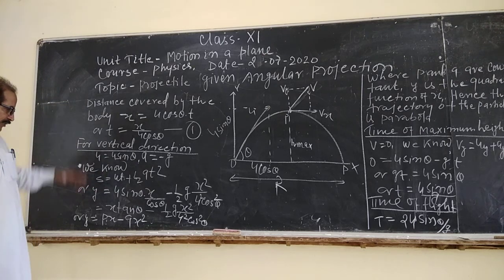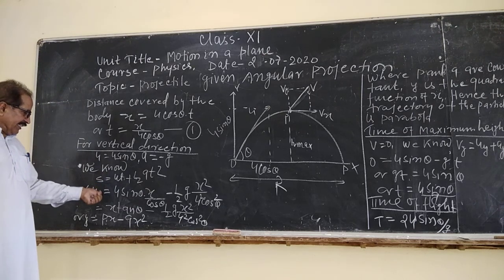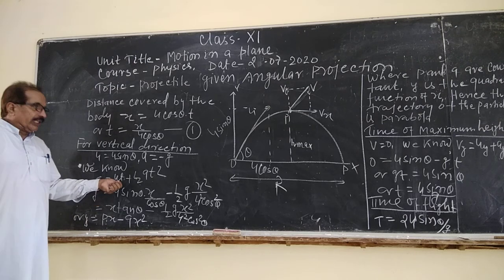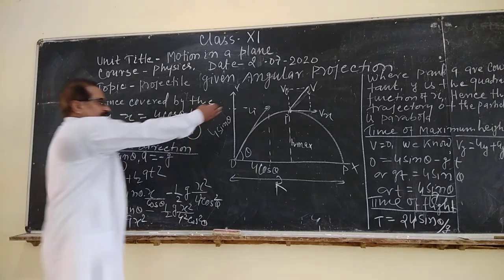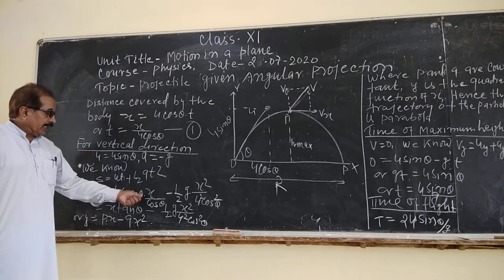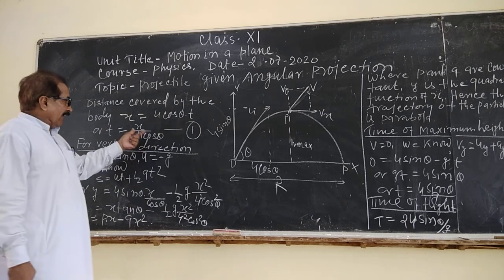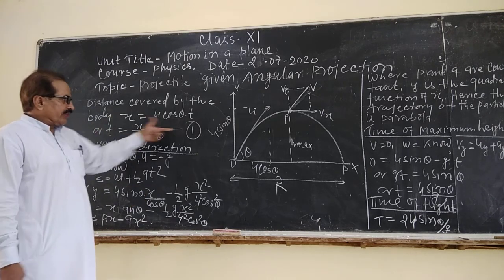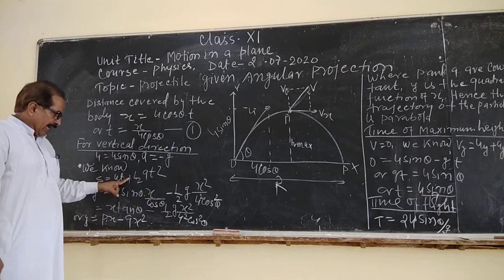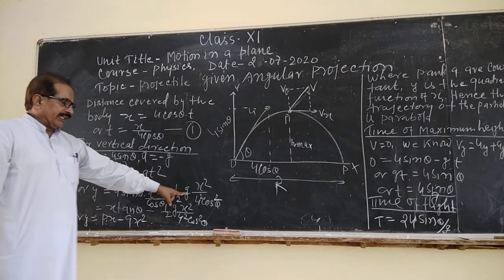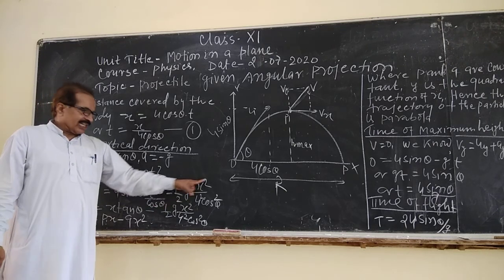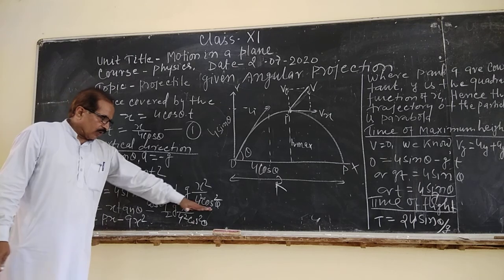In vertical direction, the distance is denoted by y. So the component of u is u sin theta, so y is equal to u sin theta into the value of t from the first equation, x by u cos theta, minus, because g is in negative direction, half g x square by u square cos square theta.